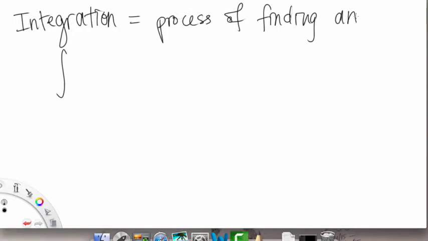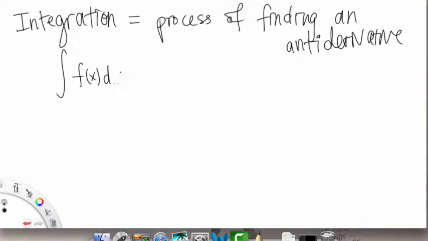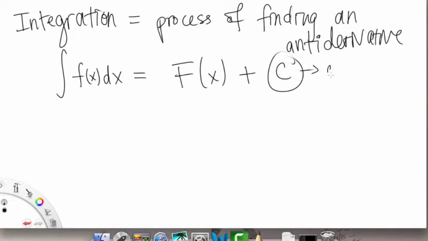By that, I mean if we have this integral sign and our original function lowercase f of x and then our dx, what we're going to get out is the capital F of x, and then we also have to have this plus c, which stands for that constant, which may vary and is usually unknown.